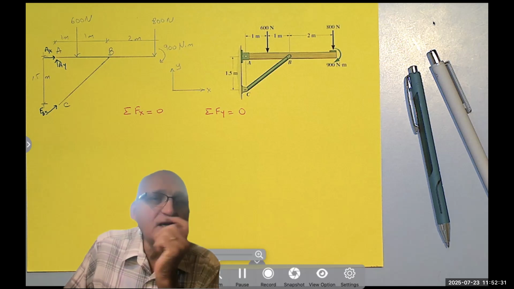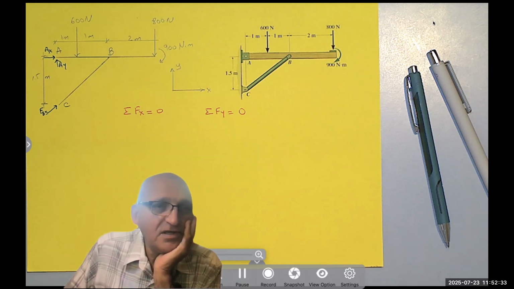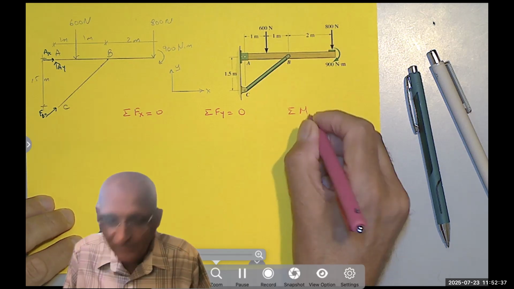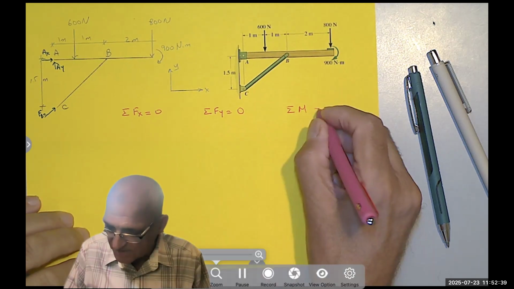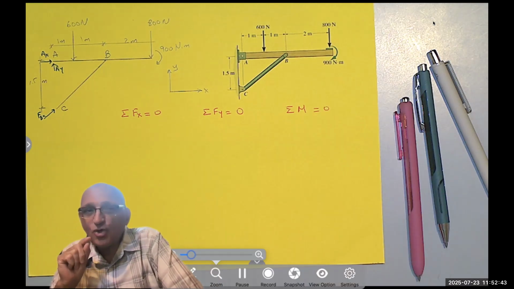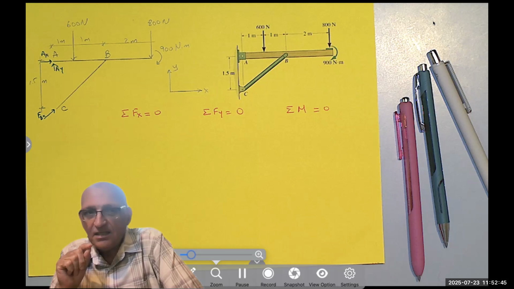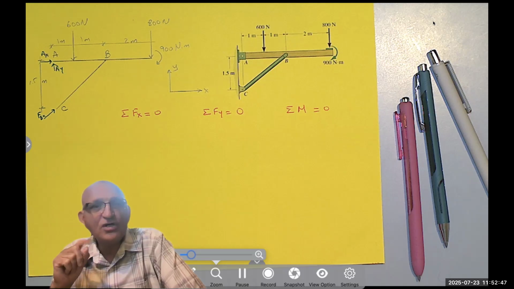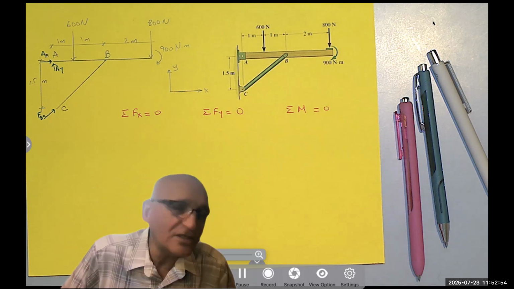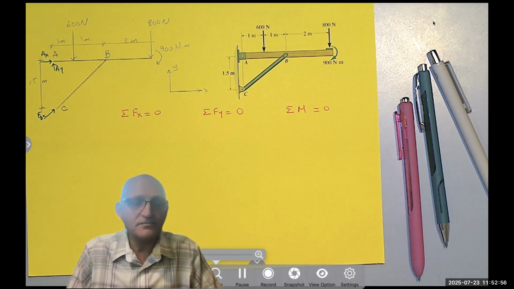But if I am clever enough, I can start with the summation of the moment about a particular point equals zero. And if I pick my point correctly, I will have to solve for only one unknown. Can you tell me what point works?